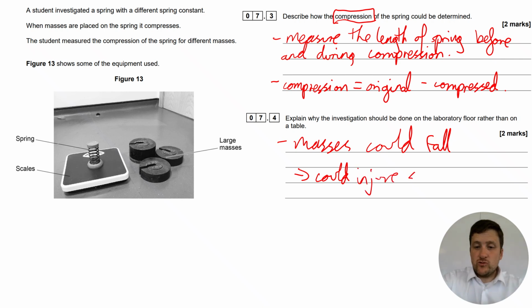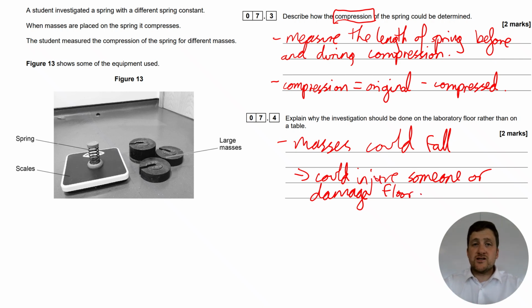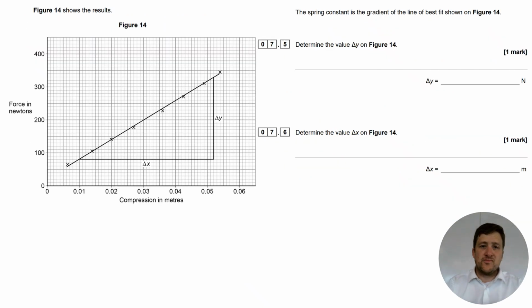Could injure someone or damage the floor. Okay, you might think, what on earth, how is that science? Well, part of science, especially when we're doing investigations, is designing a practical that's not going to hurt people or damage the building around us, or our apparatus at least.